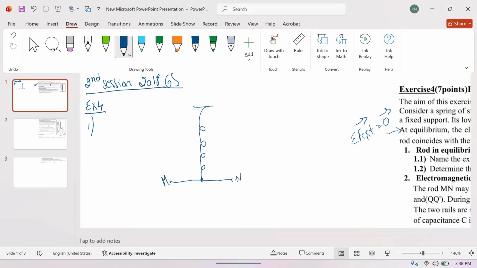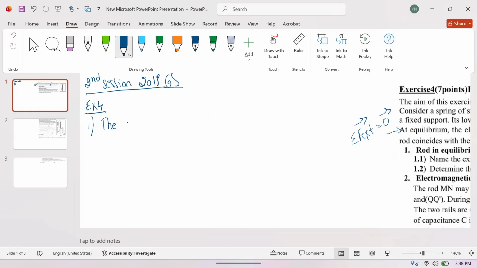We simply have the weight of the rod MN going from its center of gravity vertically downwards, and we have the spring exerting an opposite force going upwards to keep this rod at equilibrium. So simply in question 1 we can say we have two forces.